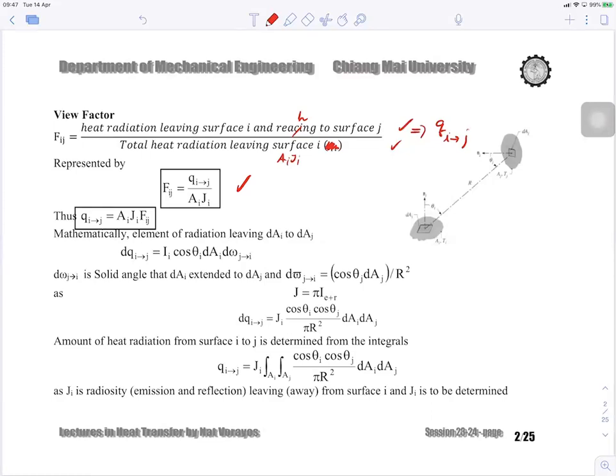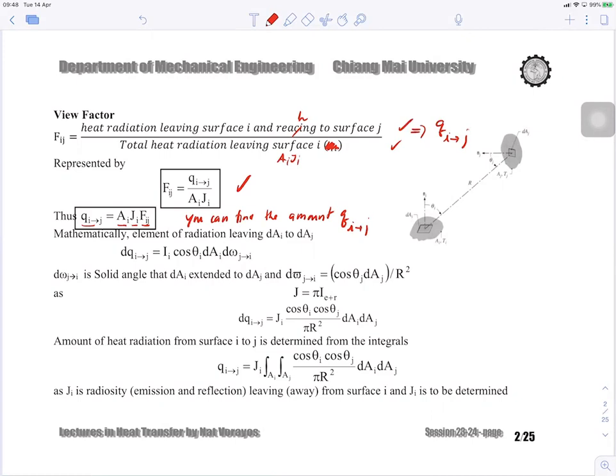If I rewrite this equation once again, we know that Qij is going to be equal to Ai Ji Fij. Meaning that you can find the amount of Qij, which will answer my previous question: how much energy leaves surface i and reaches surface j?